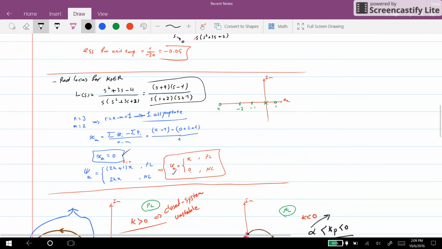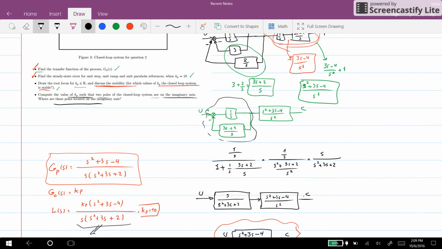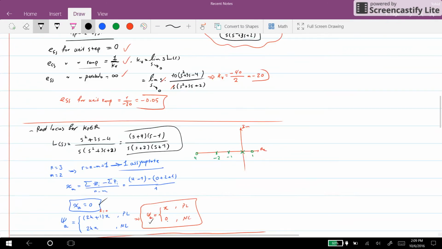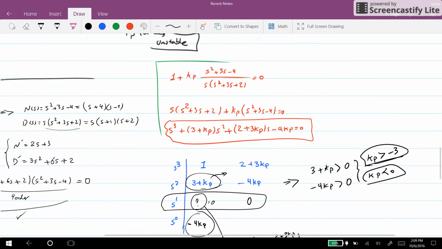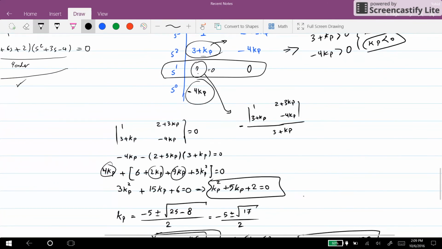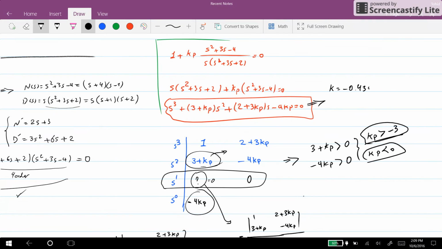So then, as the last part of the question, we need to find the location of the poles in this situation. So one way to do it is to refer to the characteristics equation here, replace k with minus 0.439, and then solve this.